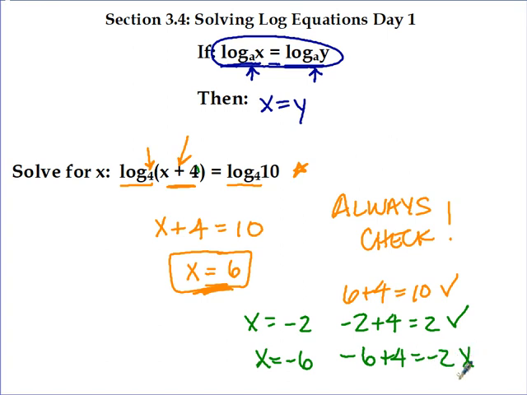So again, you're plugging into the argument to see if it works, not if x is negative. X can be negative, just when you plug it into the argument. And you don't have to plug it into the whole equation and into your calculator, no. Just this parenthesis right there we have to make sure is positive. So we have to check that every single time we have a log equation.